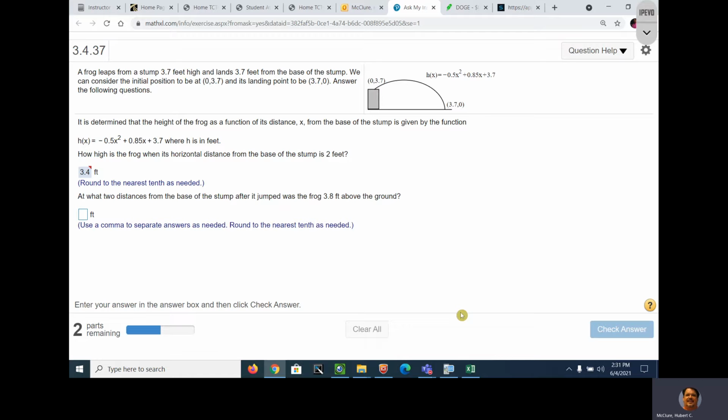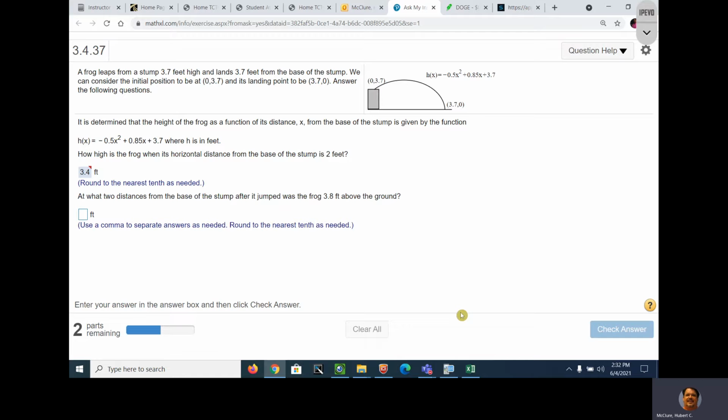We got a frog that's sitting. Is this the frog? Yeah. We got a frog that's sitting on a stump or whatever. And I'm just going to draw an imaginary stump on mine. I'll show you this in a second. And it's at 3.7 feet, 3.7 feet from 0, 0, 0.